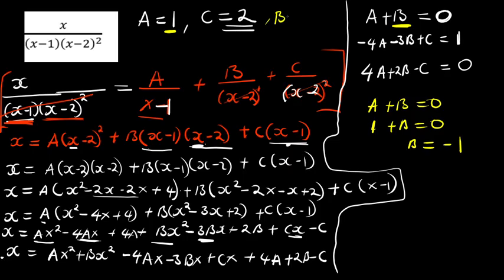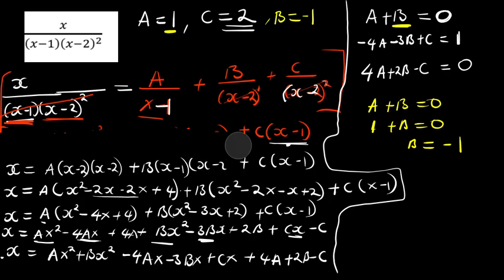Now here I'll put the value of b, it's negative 1. Okay. After doing that, I need to substitute now on the equation.